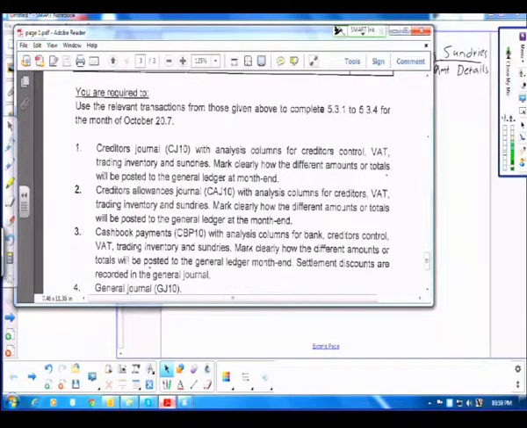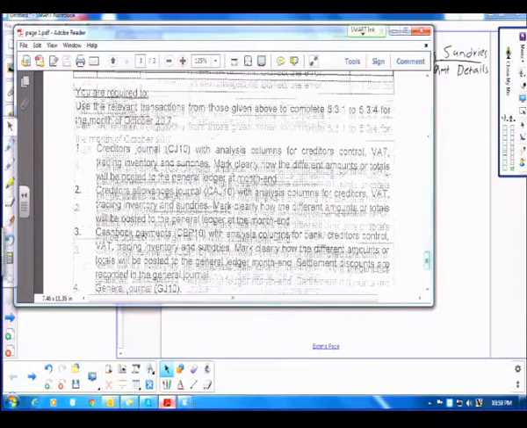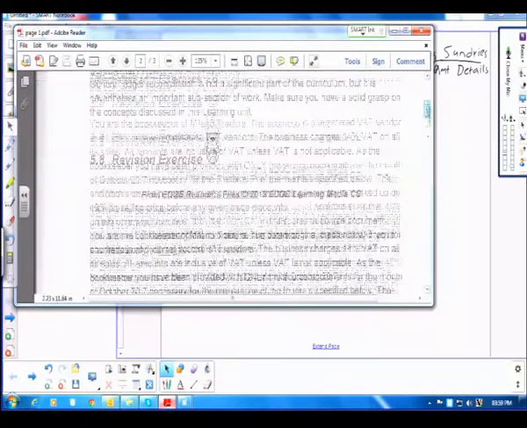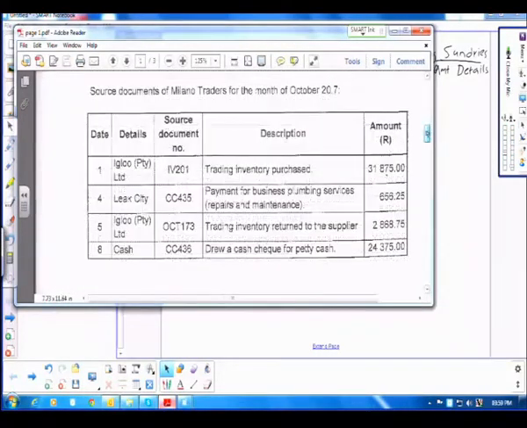All right, so the transaction number 1, here we go. So the document number, IV201. So we're going to put IV201, and the date is the 1st. All right? So details, so it's all given to you. So you see the source document number, you see the date, you see the details. So we start with this.